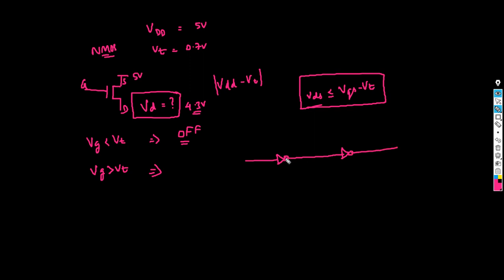Say this is your inverter and this is another inverter. Now you give your signal here, something like this. Now your output is going to be falling. This fall goes here. This transition, whatever you see here, gets degraded.